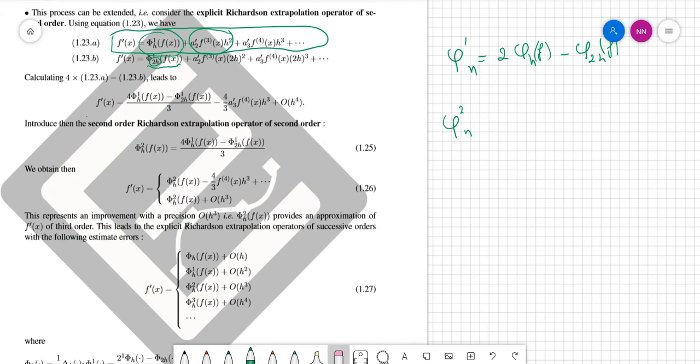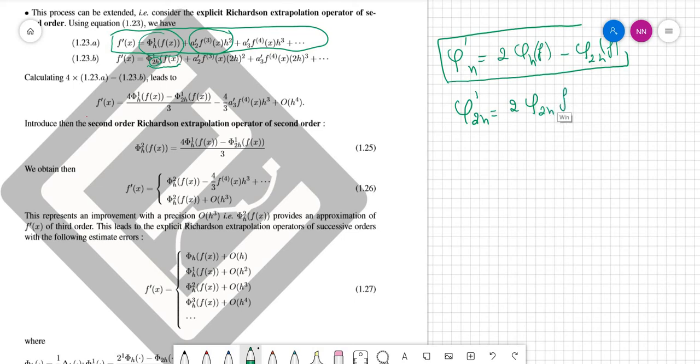If we write phi 1h as 2 phi h f minus phi 2h, I will calculate another phi 1, but using 2h, and it will be 2 phi 2h of f minus phi 4h of f.